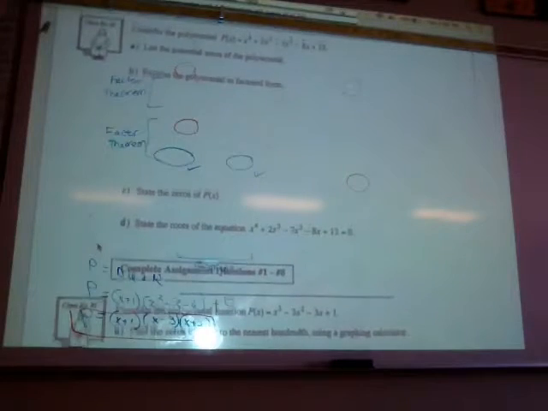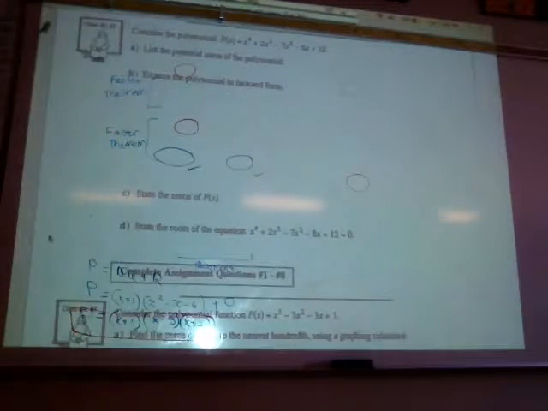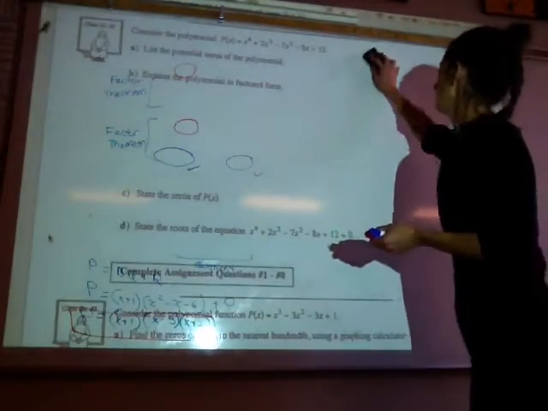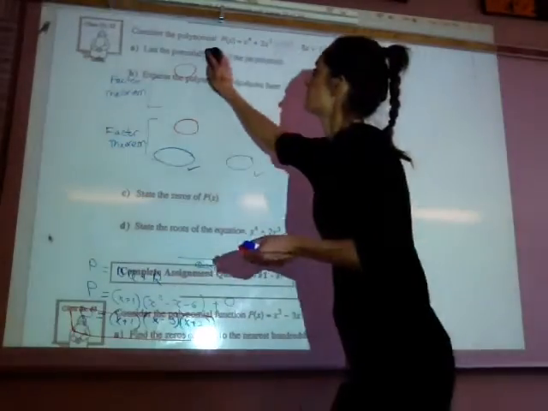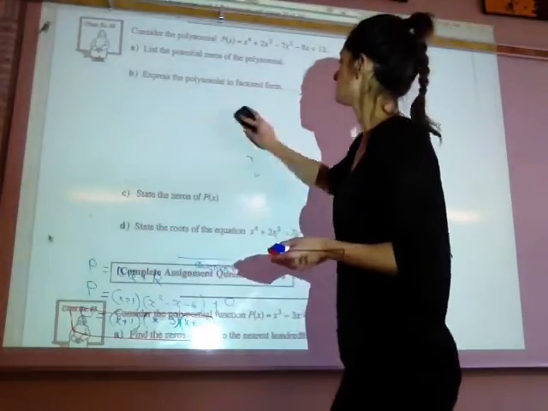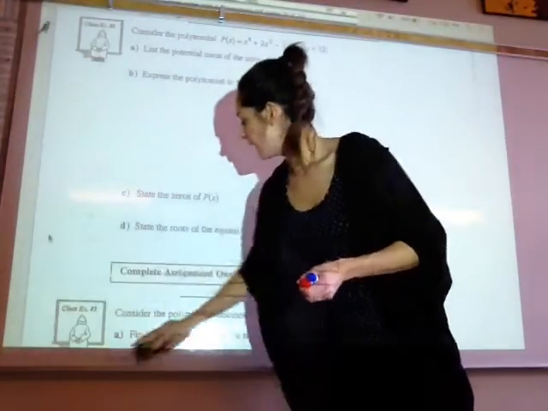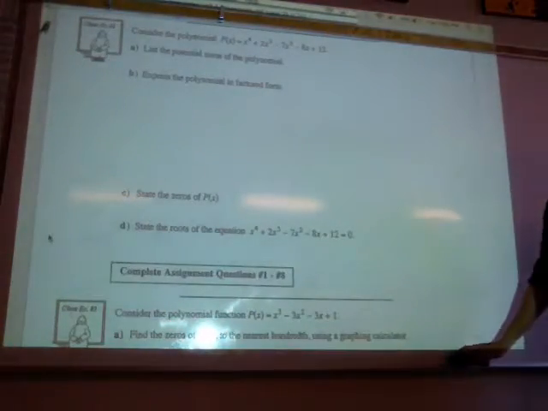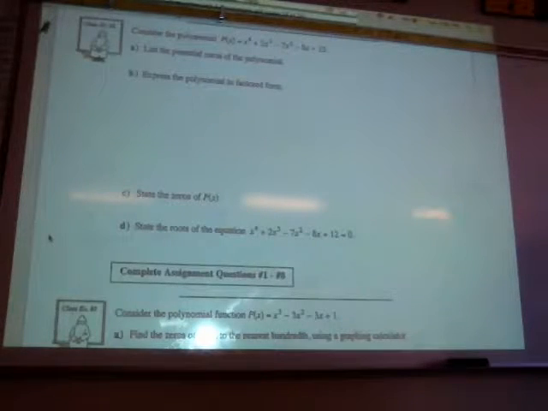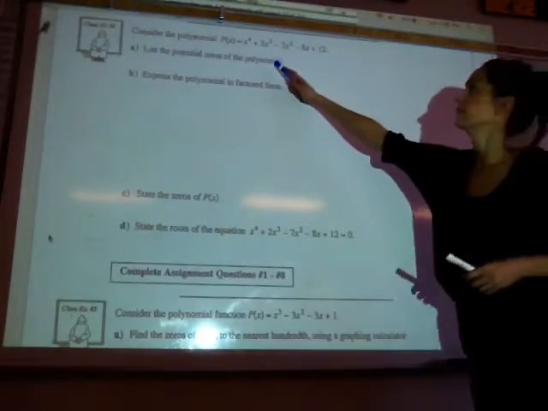Let's try and factor this next one. So we have a polynomial of degree 4. Let's just start by listing the potential zeros. So where do we get those from? Good.